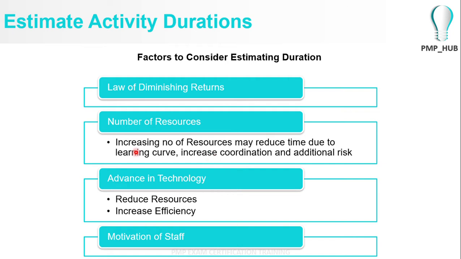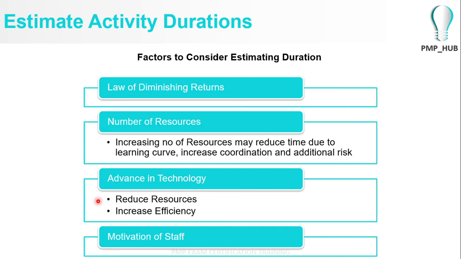Also, as a project manager, you will have to understand the advancing technology that you are going to use in your particular project. Sometimes if you use an advancing technology, it might reduce drastically the number of resources that is required to do a particular activity.